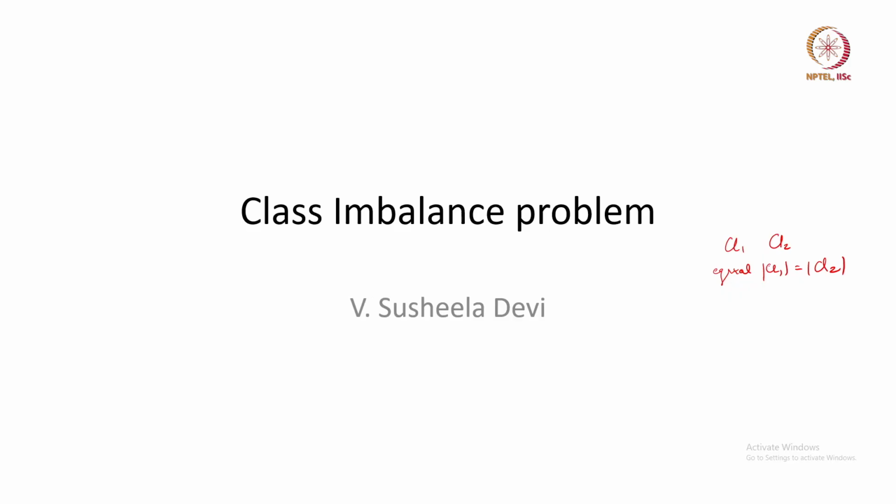But suppose one class has a lot of examples and another class has a very small number of examples, then we say that it's a class imbalance problem. That means one class has very few examples in it. It's also possible with more than two classes. You can have 3 or 4 classes, and you may have one class which has fewer examples, or one class which has a larger number of examples.